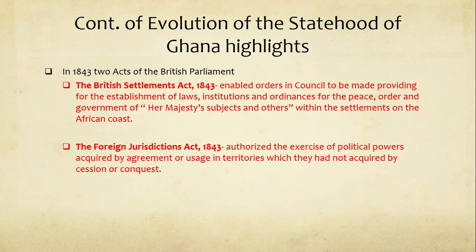But there are also places where the British did not have to engage in war. So how could those places be legitimately brought under colonial administration? It is for those types of places that the Foreign Jurisdiction Act of 1843 sought to provide the necessary legitimacy.